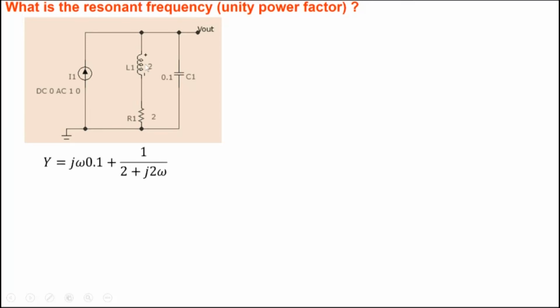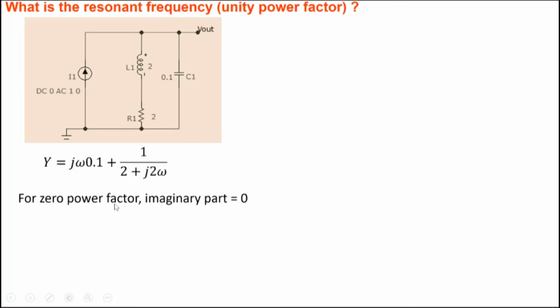So in this case, we would like to know the unity power factor. What is the frequency at which the current and the voltage that is developed are in phase with each other here? So we are asking for that particular frequency. Because it's parallel, it's easier to write down the admittance. So the admittance due to the capacitance, and this particular branch, is nothing but 1 plus j2 omega here.